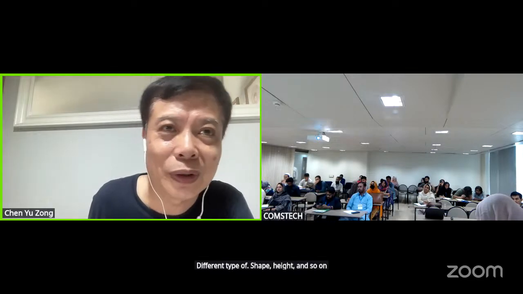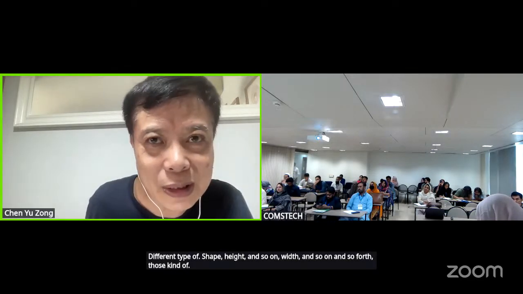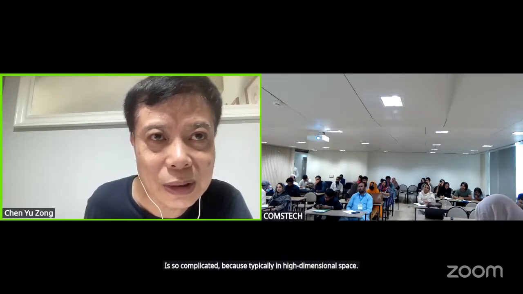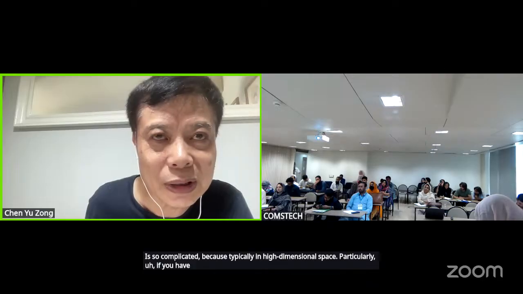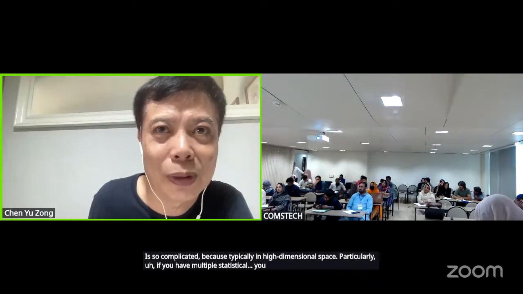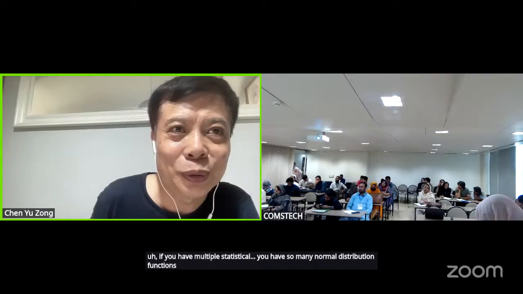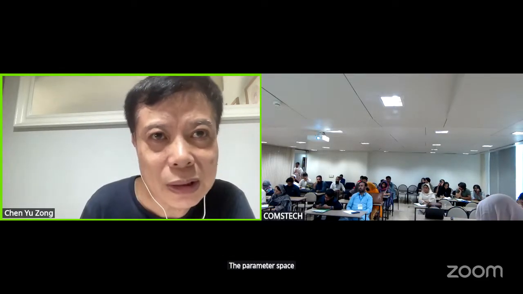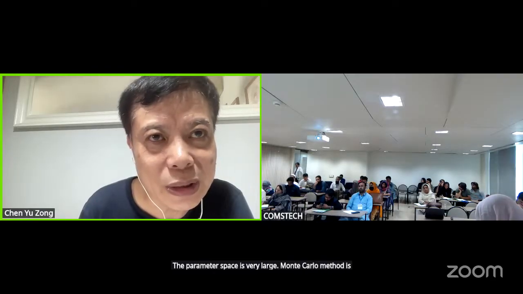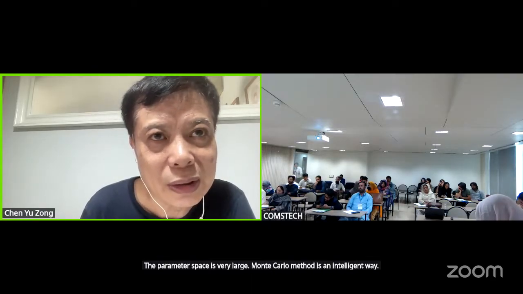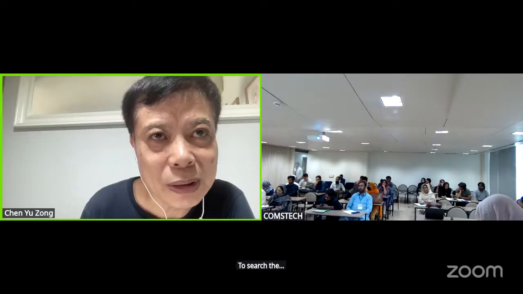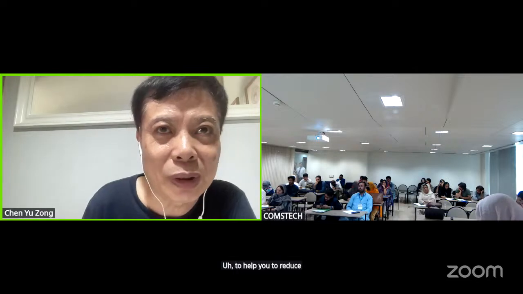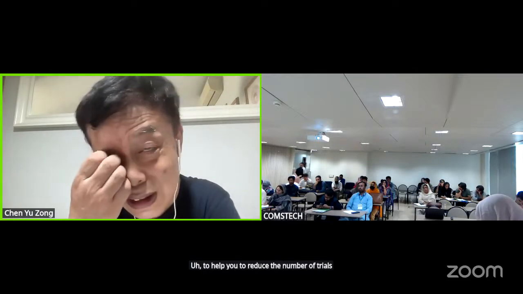It's so complicated, particularly in high dimensional space, particularly if you have multiple statistical distributions, so many normal distribution functions to begin with, and the parameter space is very large. Monte Carlo method is an intelligent way to search the parameter space to help you reduce the number of tries in some sense.